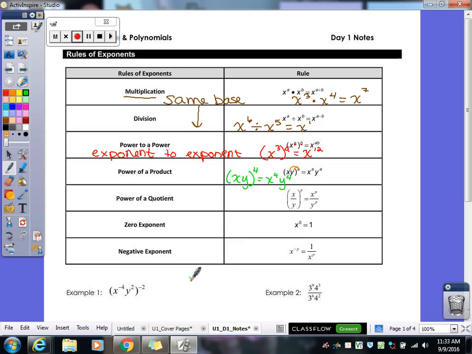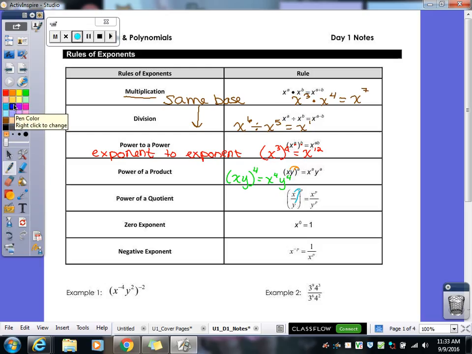Power of a quotient, same exact thing. Whatever's in those parentheses, you're going to give that exponent to everything in there. So the p goes to the x and to the y in the denominator. And same thing would happen in your numbers. It would go to what's in the numerator, and it would go to whatever is in the denominator also.